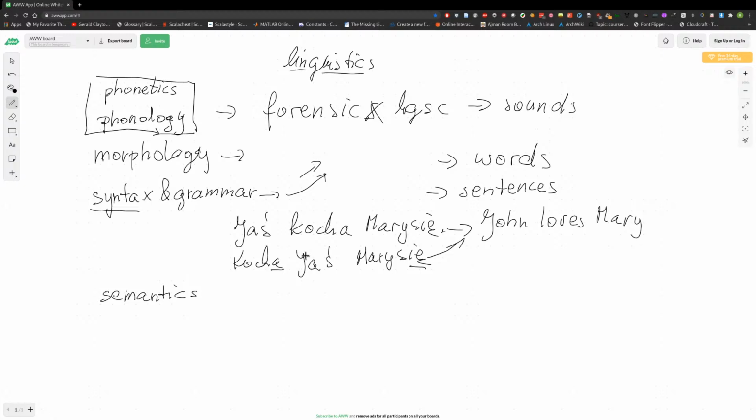So semantics, basically, is the study of meaning. So what do the words mean? What are the relationships between words? How do we know that this word is related to that one? Is it because of its meaning? Is it because of their relationship? Or is it because of the syntactic, so the sentence structures that we have there?